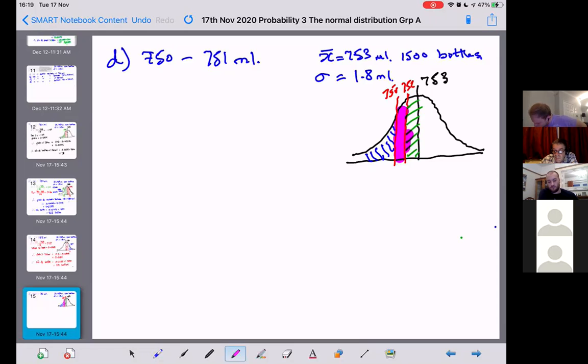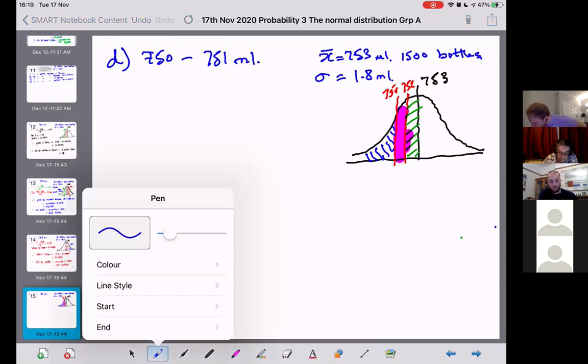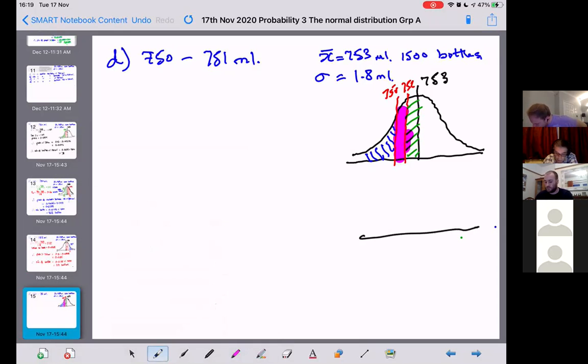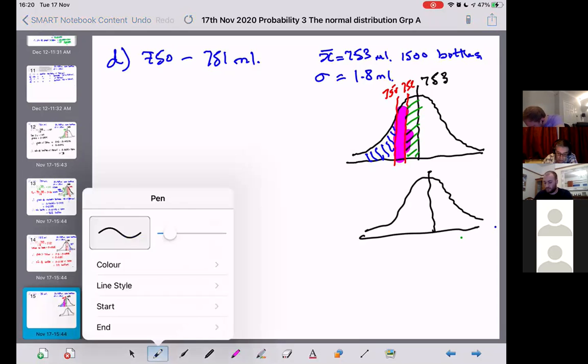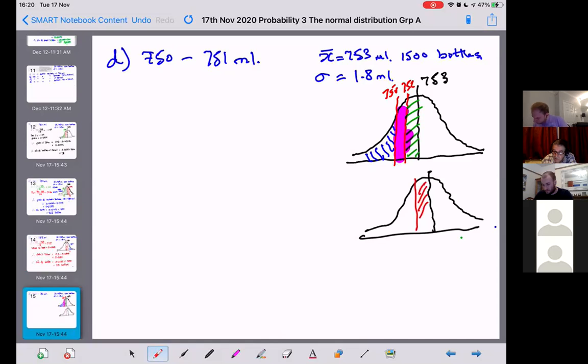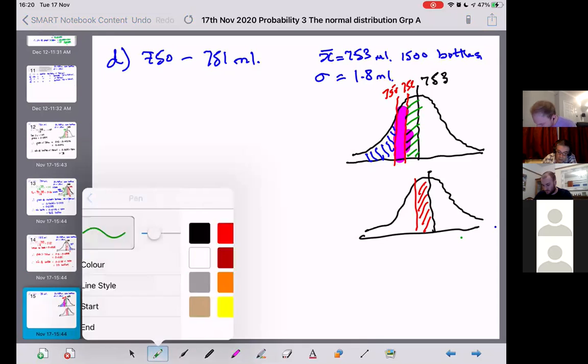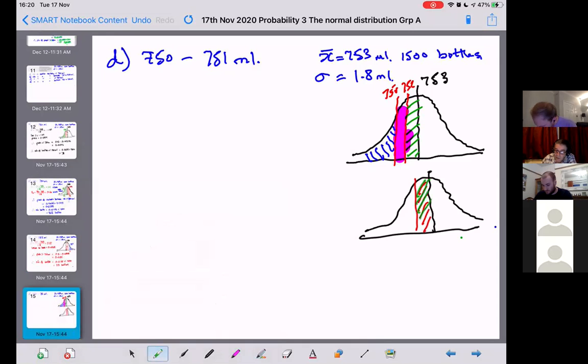Right. Okay. Thank you. So effectively, you're going to find, I'll do it in two diagrams, the green area first.